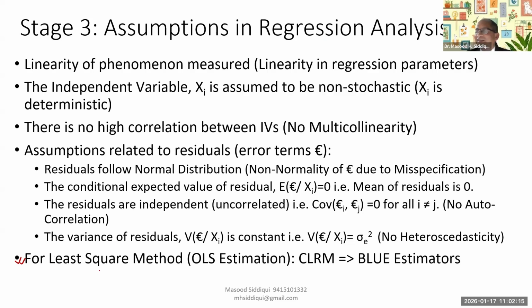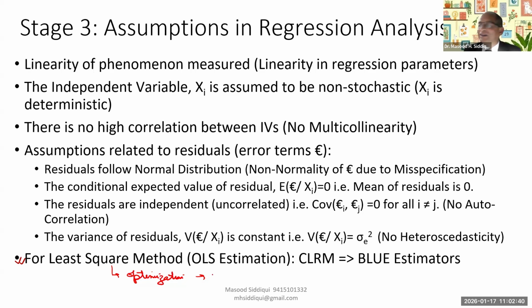Why are we discussing them? Because here is the optimization method that we have used. What do we mean by optimization? Here we estimated the model, so there should be some criteria on the basis of which this model is being explained.